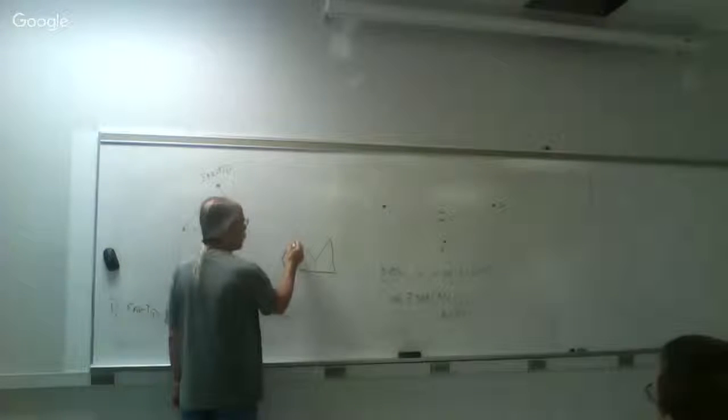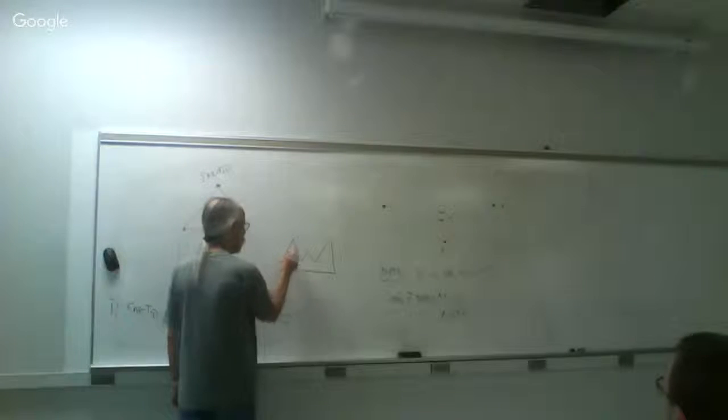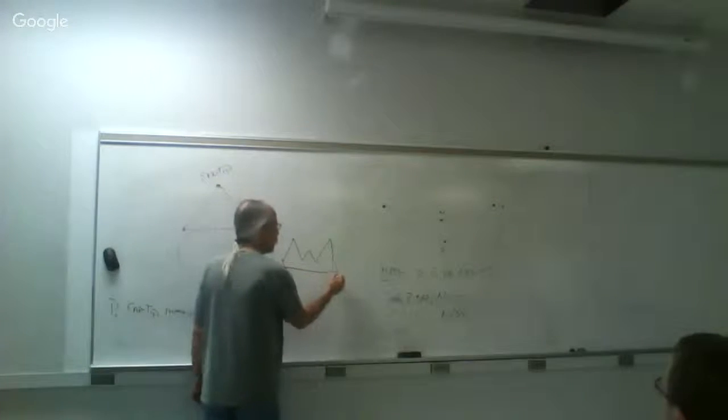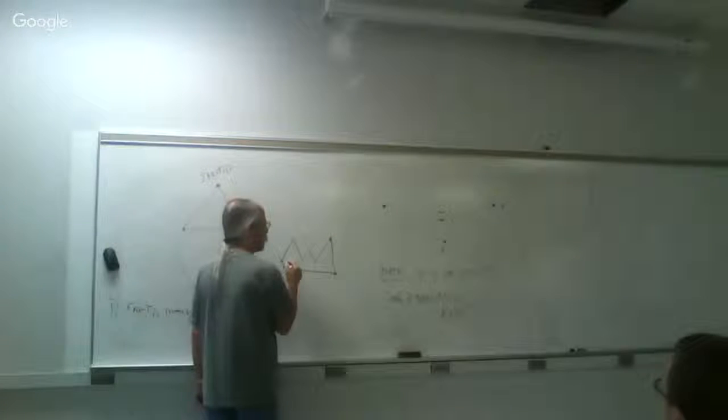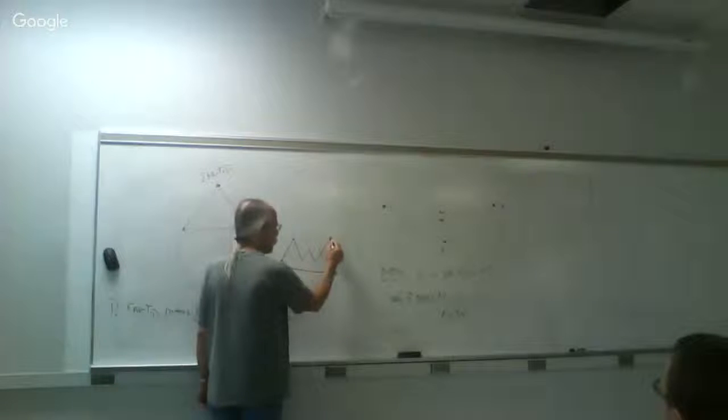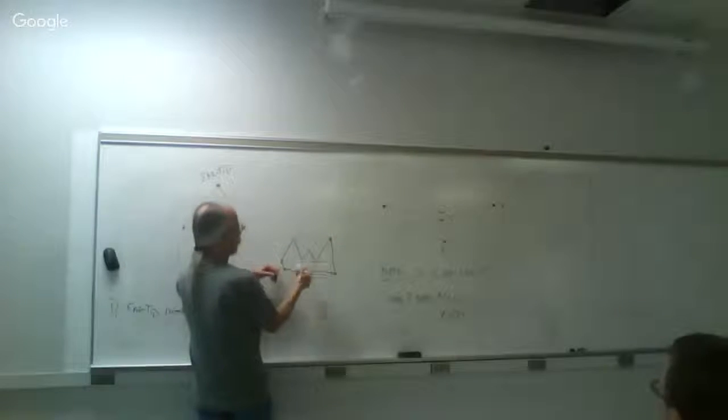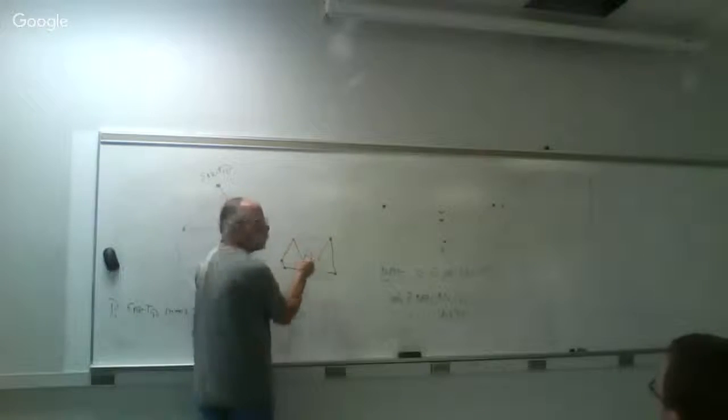So if I make the convex hull for this, that's going to be like this, this, this, this, and this. So the convex hull is really this 5-sided thing, and we lose this.